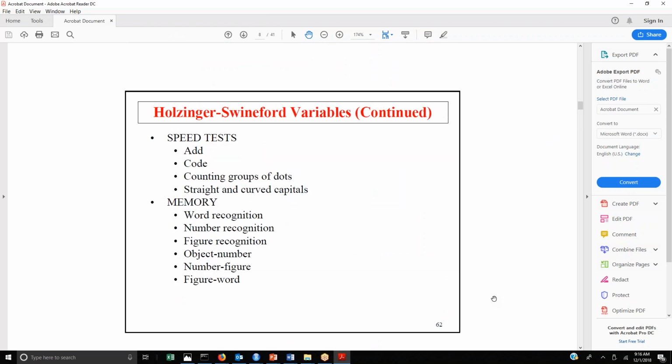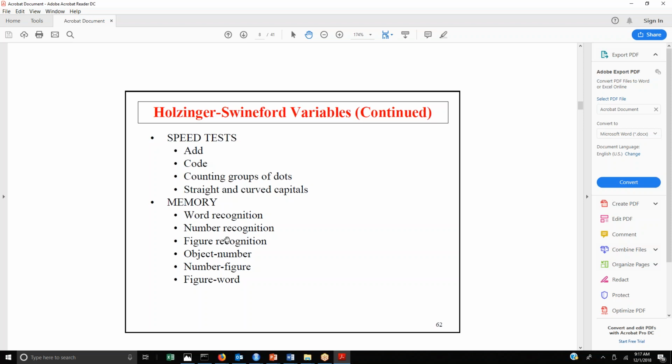This one. There are different speed tests: speed for addition, they do a speed addition test, for coding they do something, for counting groups of dots they use it for speed, straight and curved capitals they use for speed.